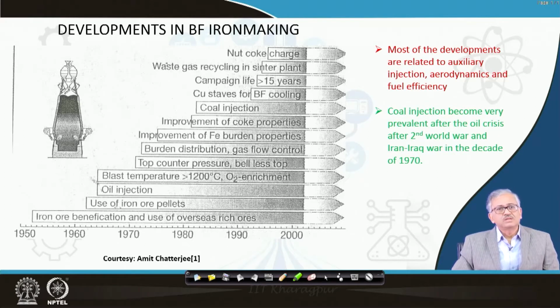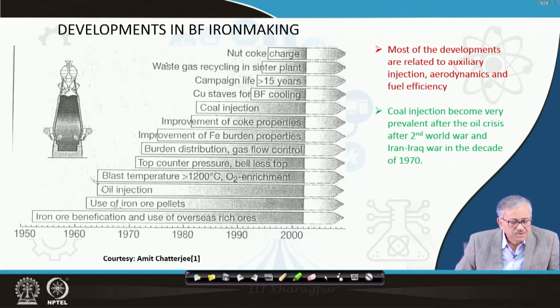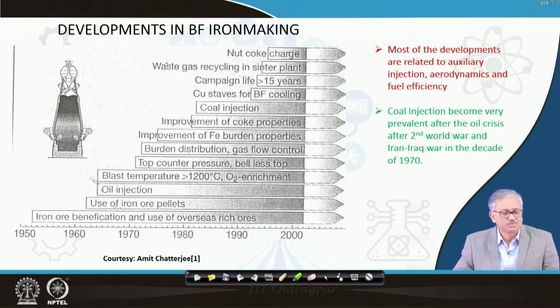So, iron ore beneficiation and overseas rich ore were the initial developments, and then came the use of iron ore lumps, because not every country has rich iron ore, and they have to import it from outside, because the blast furnace cannot operate with poor raw material. Then came the use of iron ore pellets, the fine agglomeration in the form of pellets, but that is a very costly process.